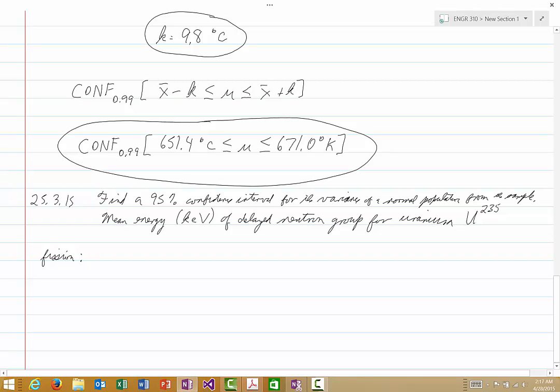And in this particular problem, they're talking about the mean energy of delayed neutron group for uranium U-235 fission. And the information we have about the sample is the following.